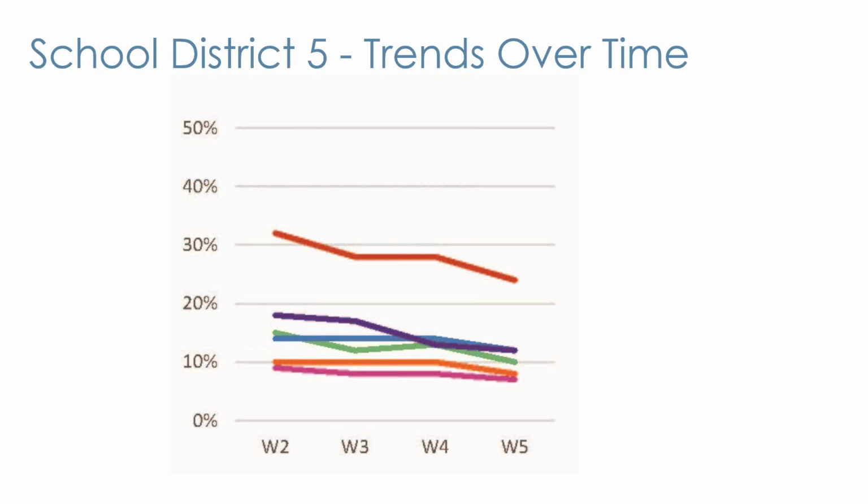That dropped a little bit in wave 3 to about 28%, stayed there in wave 4, and then dropped again, this time fairly dramatically to about 23%. So that's really a good news story over time, and School District 5 would be one of the lower vulnerability places in the province. And I'm going to show you some comparisons to other places in the province in a minute or two.